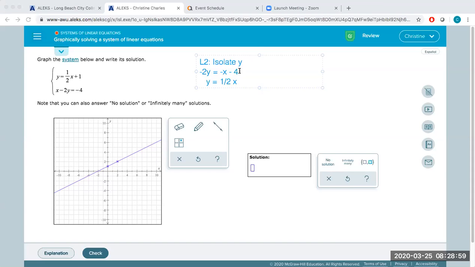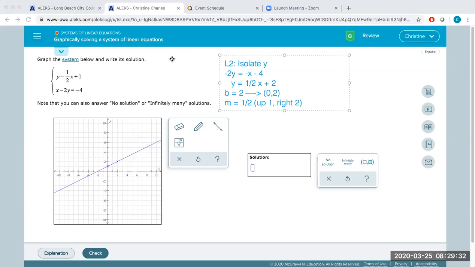And then we have a negative 4 divided by a negative 2, that's plus 2. So my b value is 2, meaning my y-intercept is 0, 2. And my m value is 1/2, meaning I'll move up by 1 and right by 2. Let's move this over.